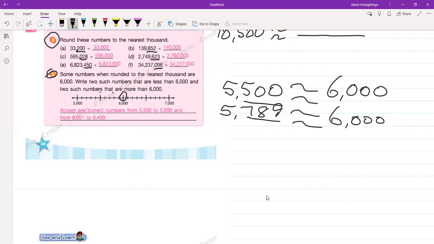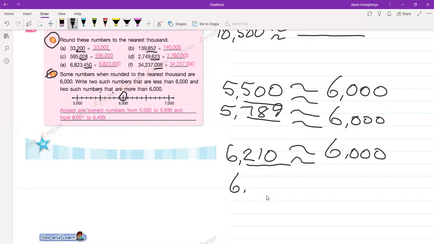When you're going to round them to the nearest multiple of 1,000, you're going to round them down. I'll choose 6,210. Rounded to the nearest 1,000, I'll round that down to 6,000.